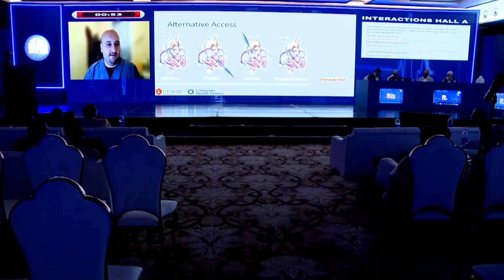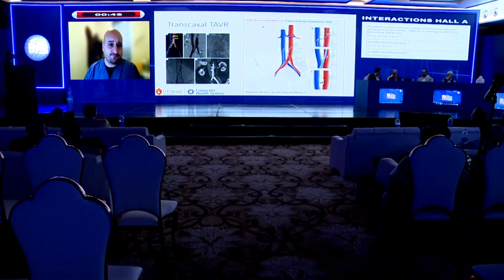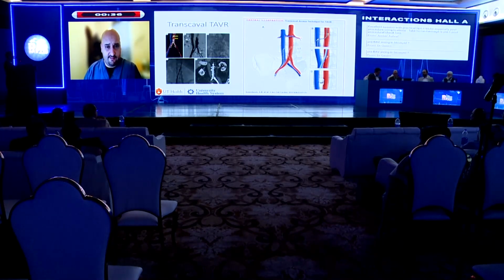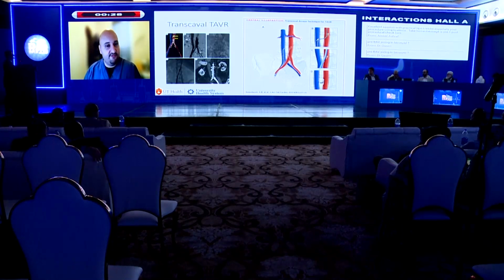Axillary, apical, and direct aortic are basically going away because we know these are not great approaches and are associated with a lot of complications. Now, transcaval is also being done in some institutions for people with prohibitive femoral access and maybe not great carotid access. So there are different ways to get these valves delivered to where they need to be.